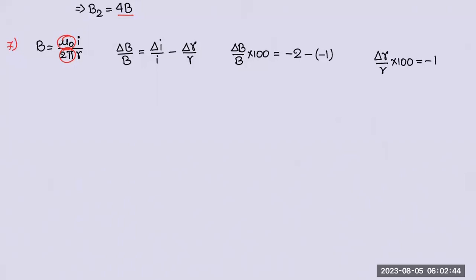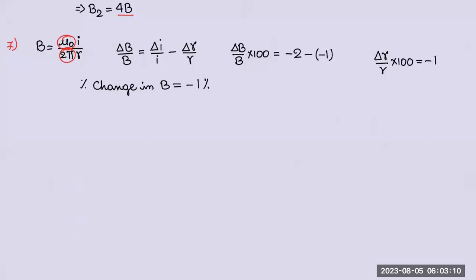So you have to use one more -1. The total percentage change in B is -1%, or I can say 1% decrement. With these small percentage changes, you need to handle it this way.